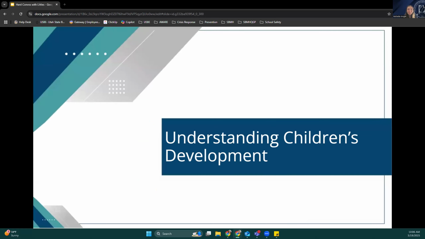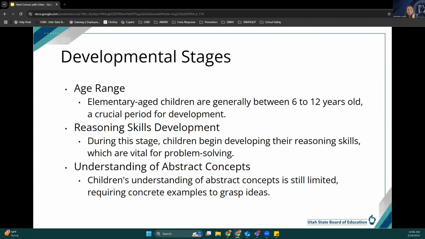Okay. So understanding children's development when we're chatting with them. Elementary age children typically range from about 6 to 12 years old, depending on the school system. They're developing reasoning skills, but their understanding of abstract concepts is still very limited. So knowing their developmental stage helps tailor conversations appropriately.